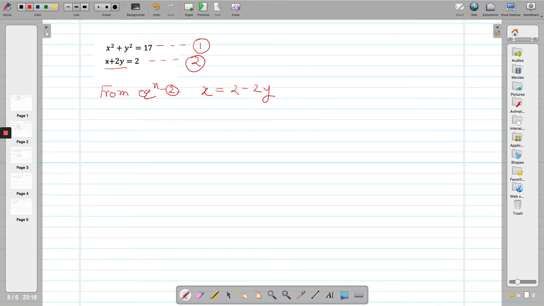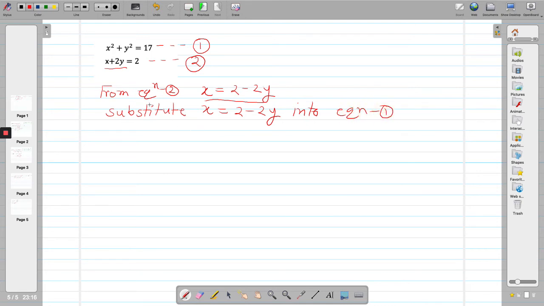Okay, from equation 2, x equal to 2 minus 2y, and we substitute this value into equation 1. So substitute x equal to 2 minus 2y into equation number 1.